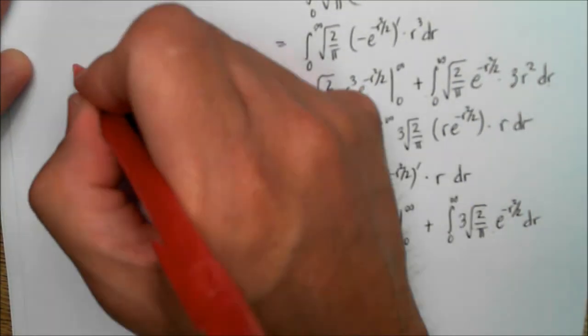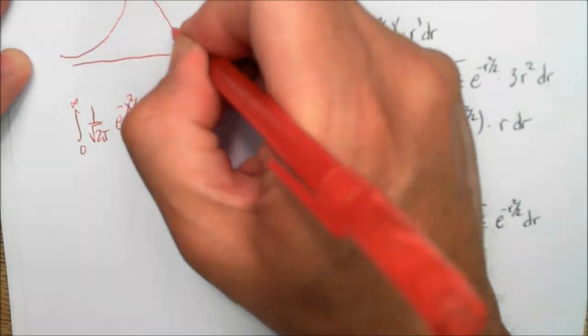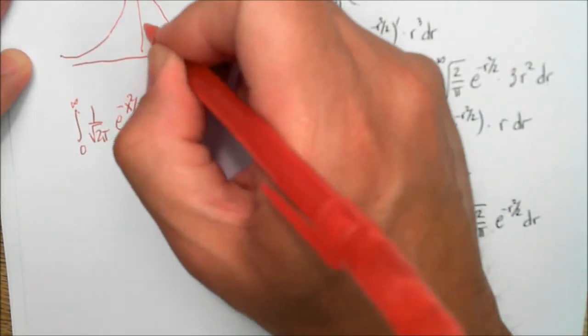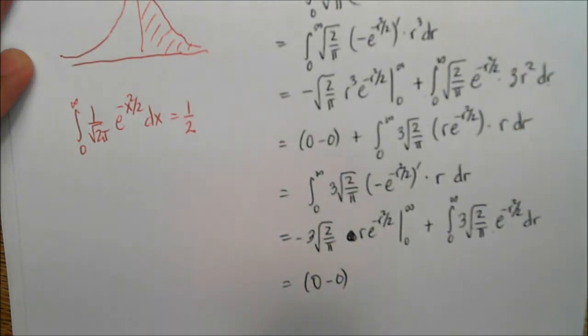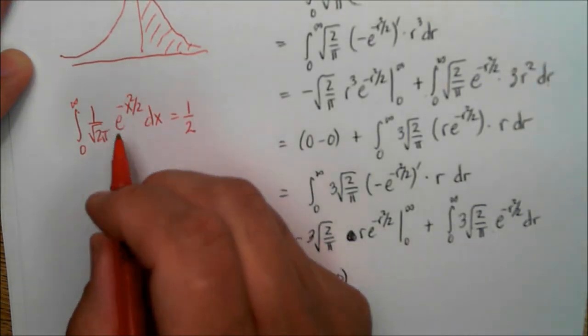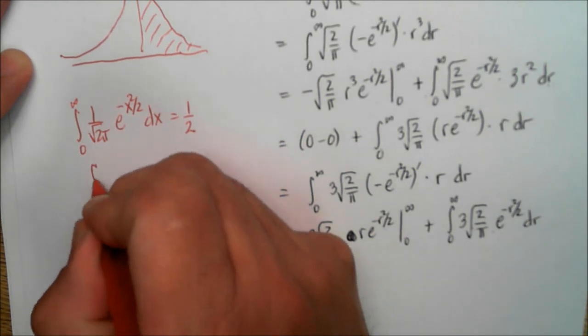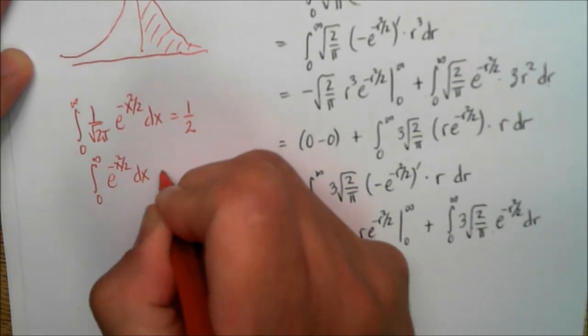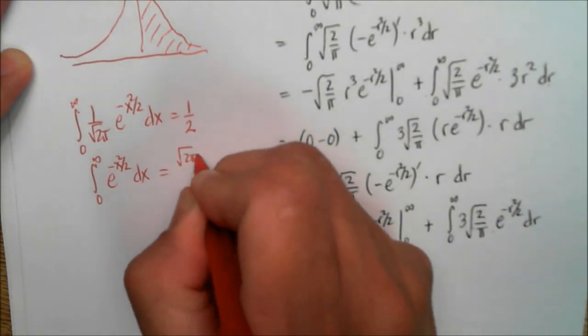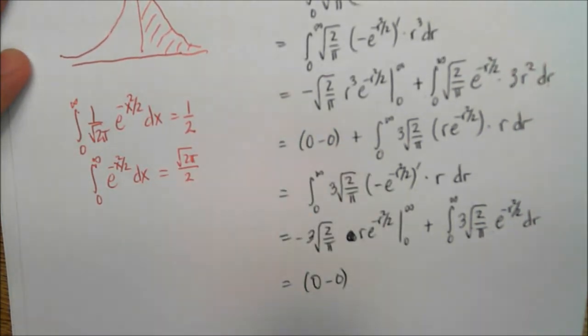Why do I know this? I know this because if I have the PDF of a normal distribution, the area to the right of 0 is 1/2, half the normal curve. So that means if I have simply integral from 0 to infinity of e to the minus x squared over 2 dx, that's equal to square root of 2 pi over 2 all by itself.